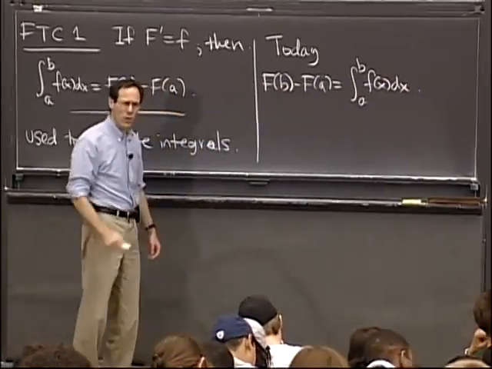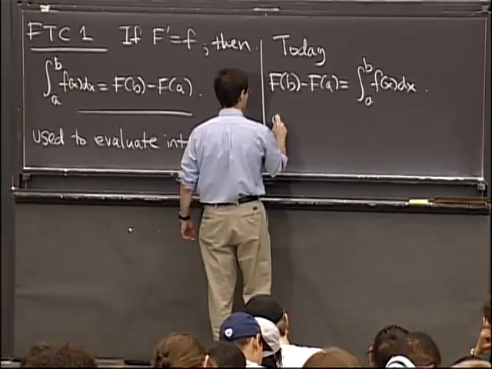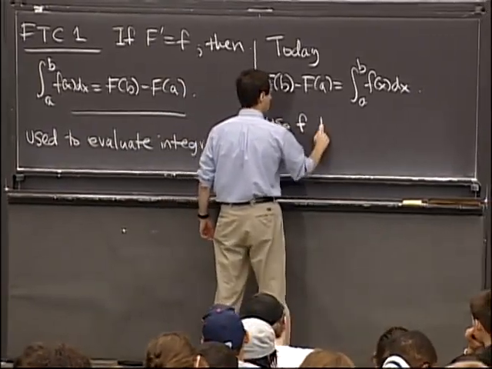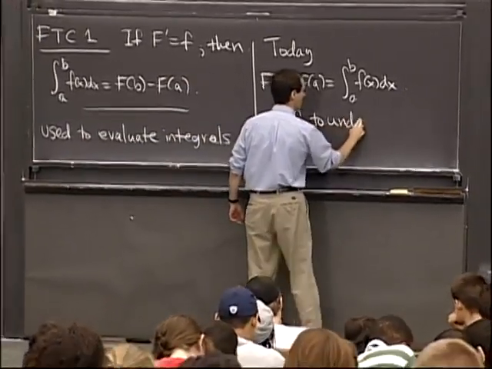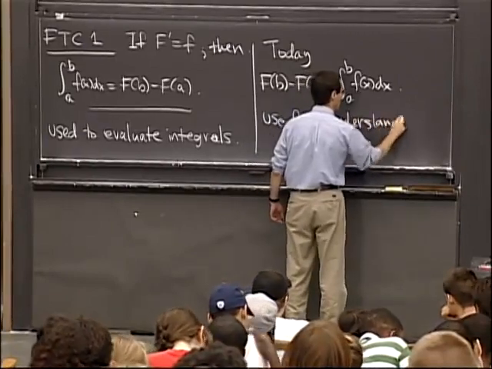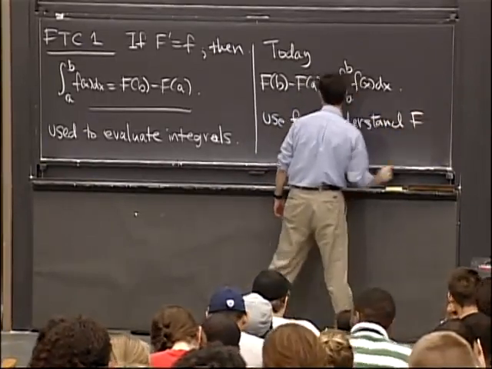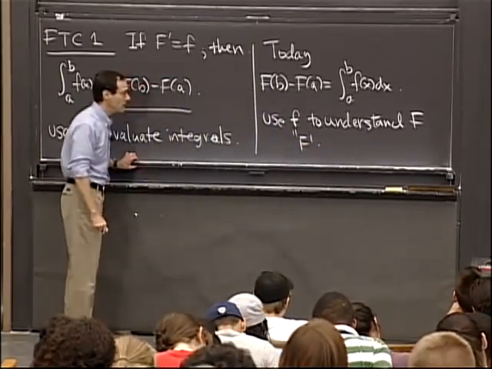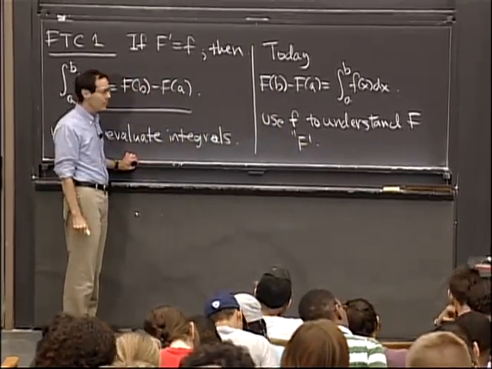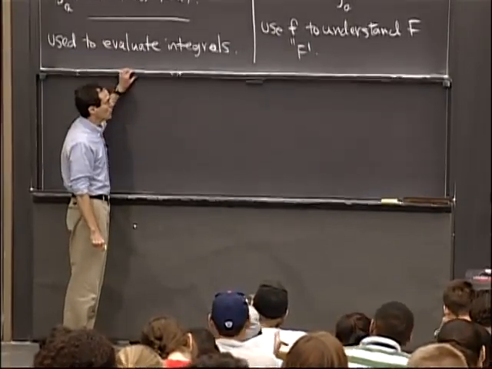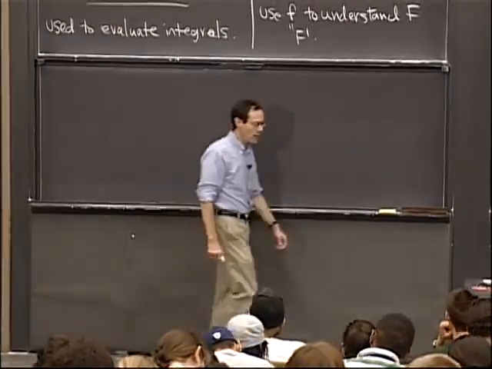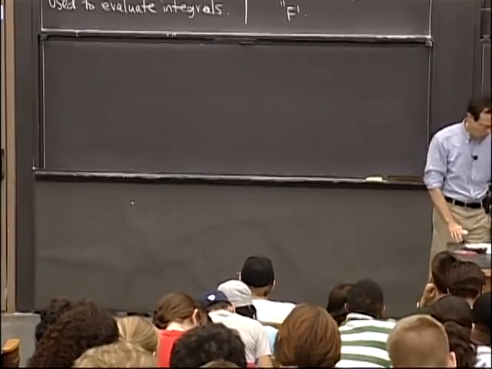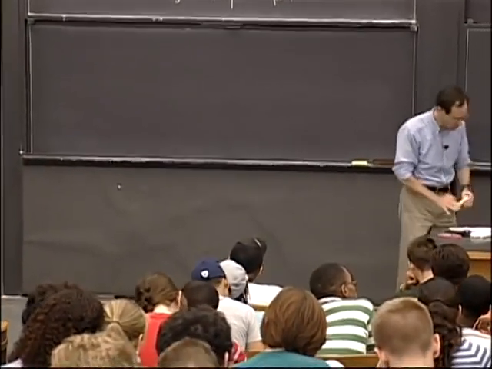And we're going to use little f to understand capital F. In other words, the derivative to understand the function. So that's the reversal of point of view that I'd like to make, and we'll make this point in various ways.